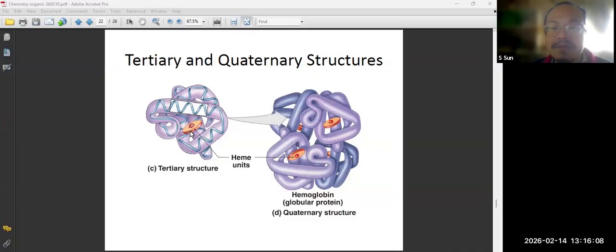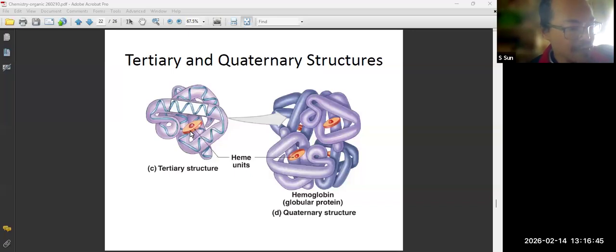Then you can have many. You have one string folded to become a pocket, and then you have another one folded to become another component. And then if you put two or more peptide folded structures together, like, let me find something for you to consider.